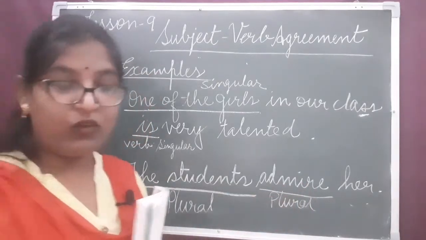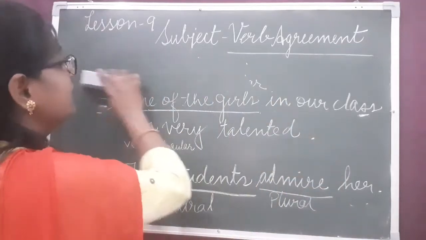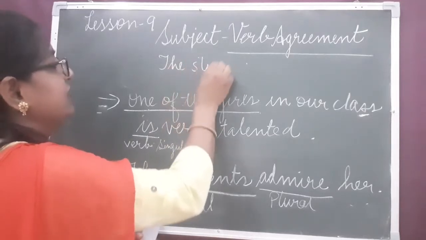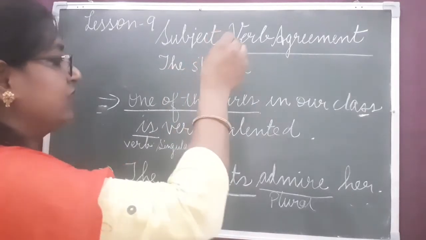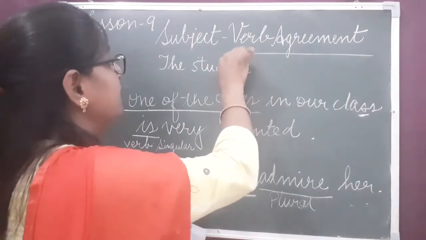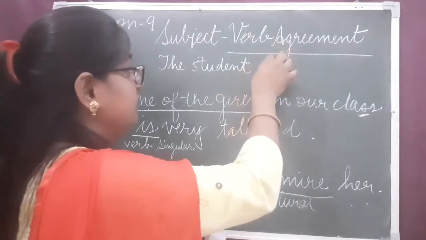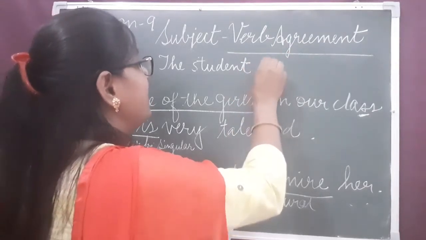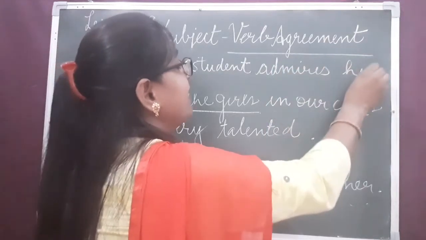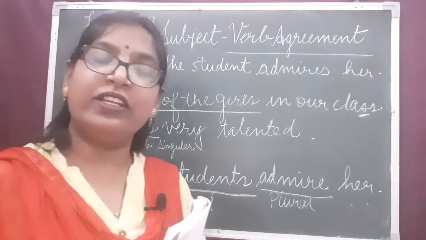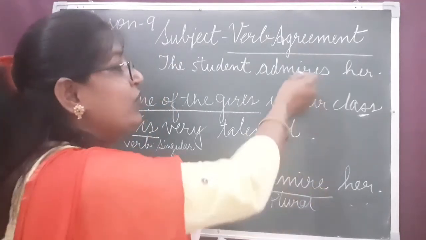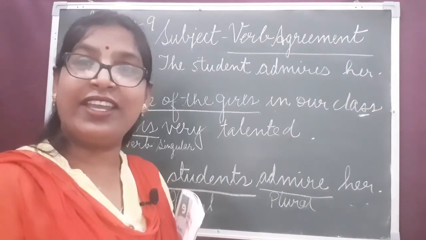Dear children, if I write one more example here on the board, the student admires her. Here you can see S is not used, and here you can see S is used. Why?